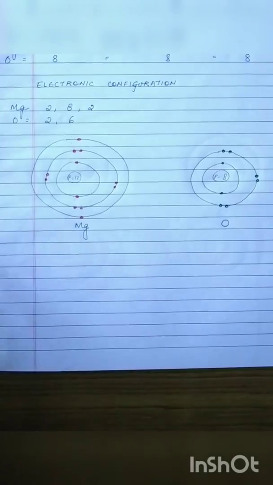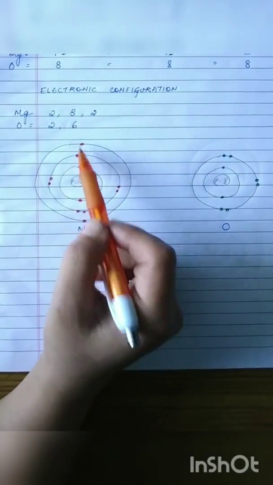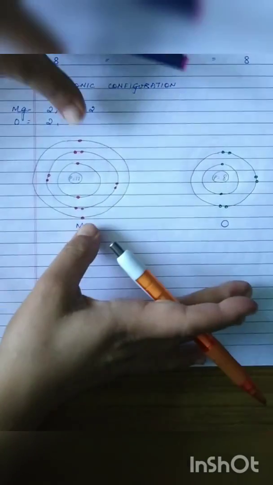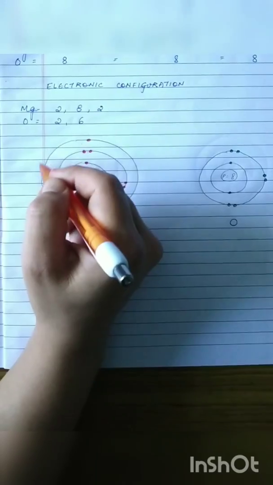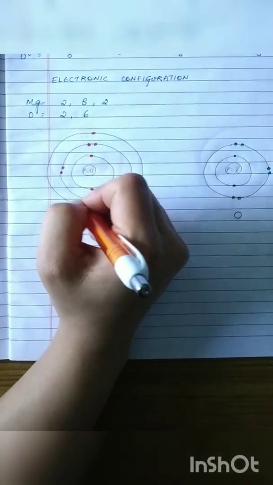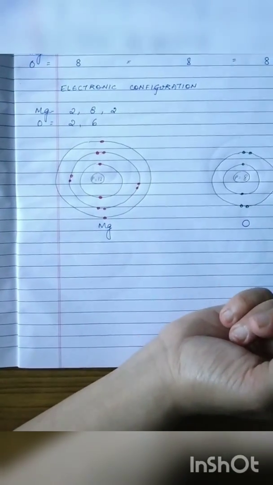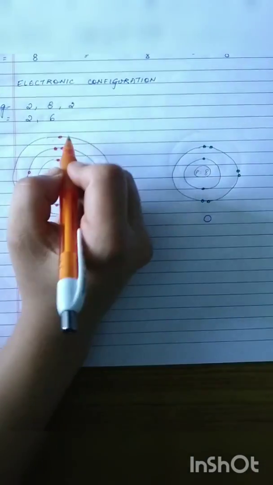That is stable configuration. Now see, magnesium has 2 electrons in its outermost orbit. If it gives away these 2 electrons, this outer orbit will vanish, and so the outermost orbit here will have 8 electrons. And oxygen, if it receives 2 electrons here, will have 8 electrons in its outermost orbit.